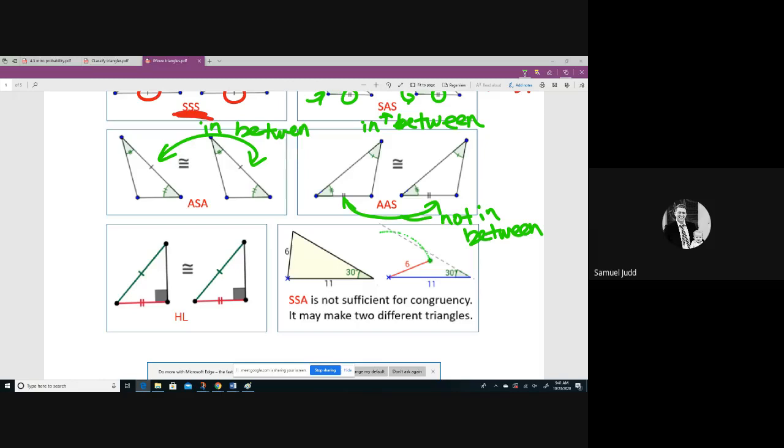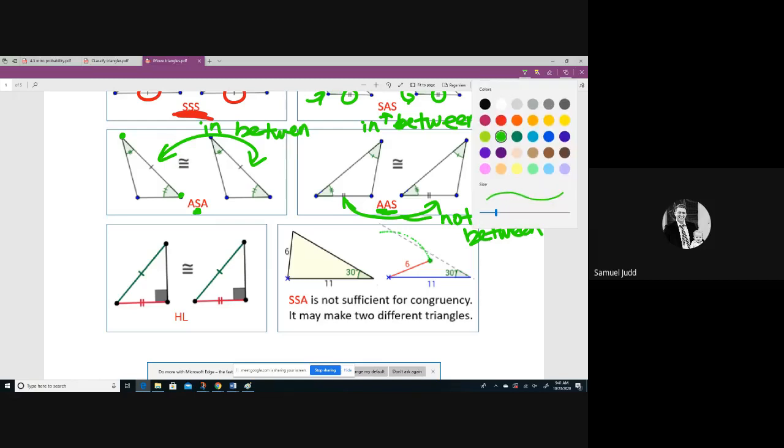If the side is in between, then we call it angle side angle. If the side is not in between, we call it angle angle side. Remember, when I say in between, that means the side ends and the two angles are bordering that side. As we see right here, these two angles are bordering the side that you've marked congruent.